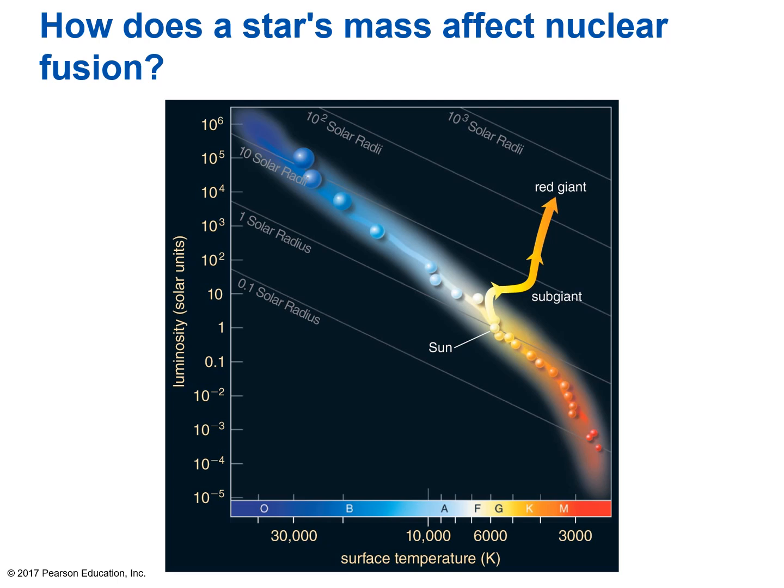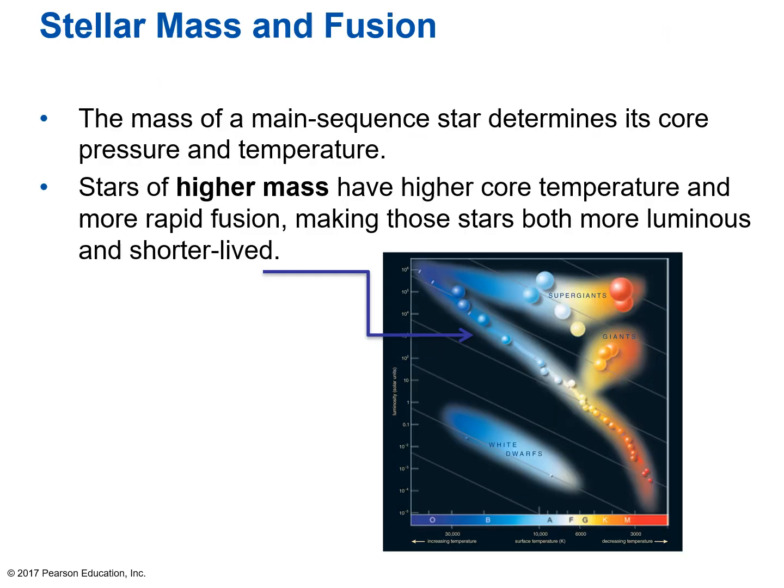Let's now look at how a star's mass affects nuclear fusion. There below you see the Hertzsprung-Russell diagram. By now you should be very familiar with the details of such a diagram. The mass of a main sequence star determines its core pressure and its temperature. So up here to the left, these high mass, high luminosity, high temperature stars.